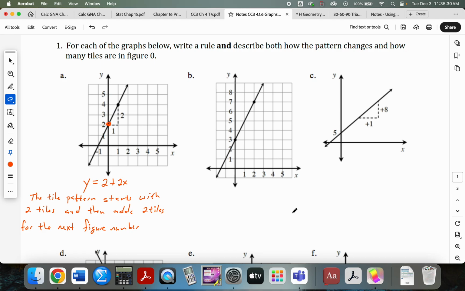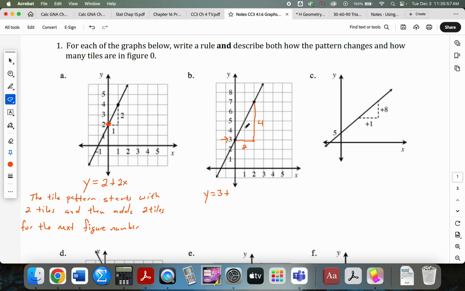All right, so then for this one, we start at 3. So for my rule, I start at 3. Y equals 3 plus. Now, notice they didn't put a dot everywhere. So if I went to the next dot, I would be going over 2 to the right and then up 4.